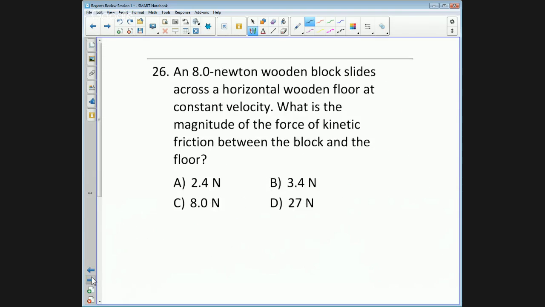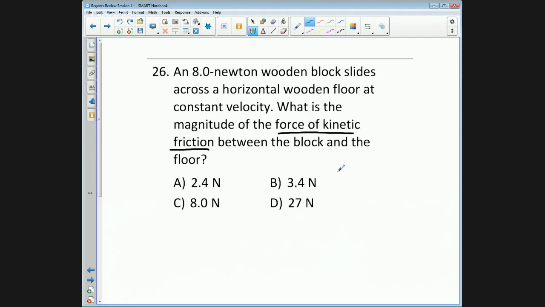Next, number 26 says, an 8-newton wooden block slides across a horizontal wooden floor at constant velocity. What is the magnitude of the force of kinetic friction between the block and the floor? Here, I think, is the only friction problem.